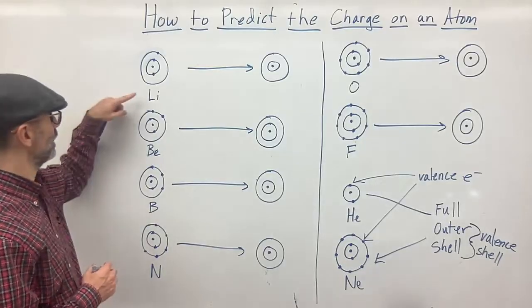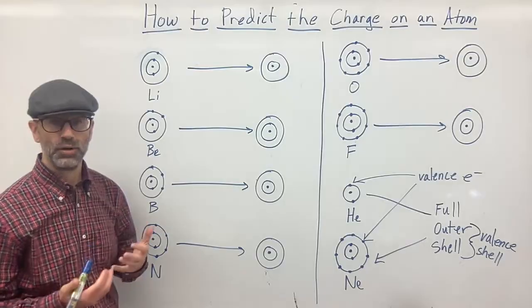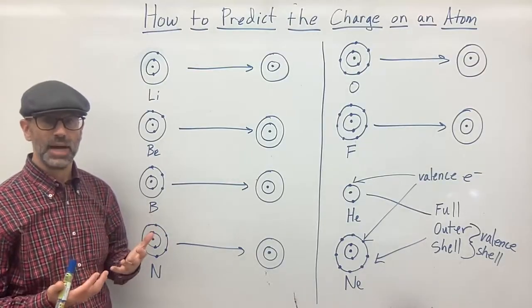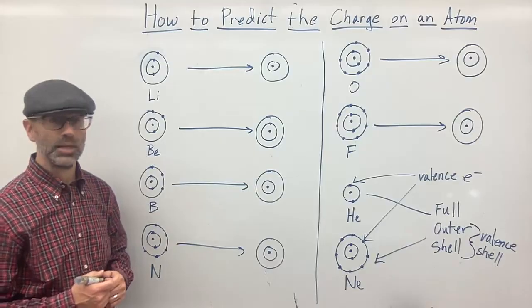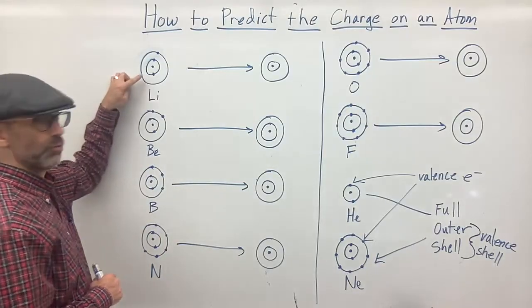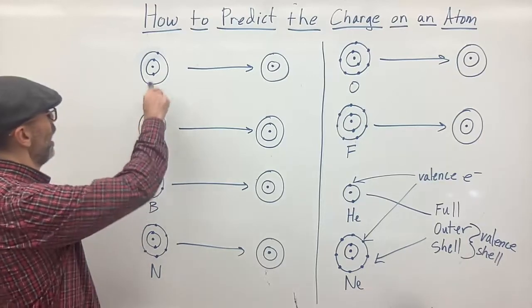Lithium is number 3 on the periodic table, so its atomic number is 3, and therefore the number of protons is 3. You can see that I have 3 electrons written in my atom here.